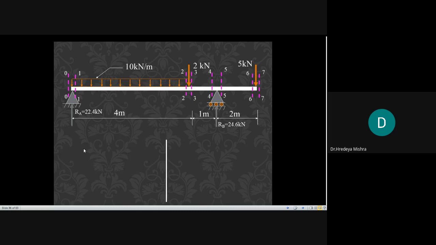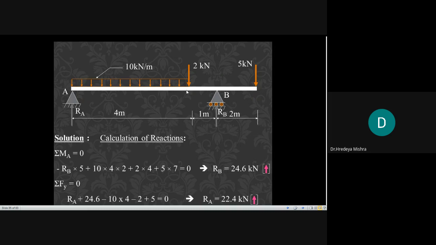Now, shear force calculation. The calculation of shear force is similar to the previous one. For each point, we get two sections, or we can say that each point we divide into two sections. All the points, we divide each into two sections and name them 0-0, 1-1, and the same point, that is A. 2-2, 3-3, same point, what is the name?